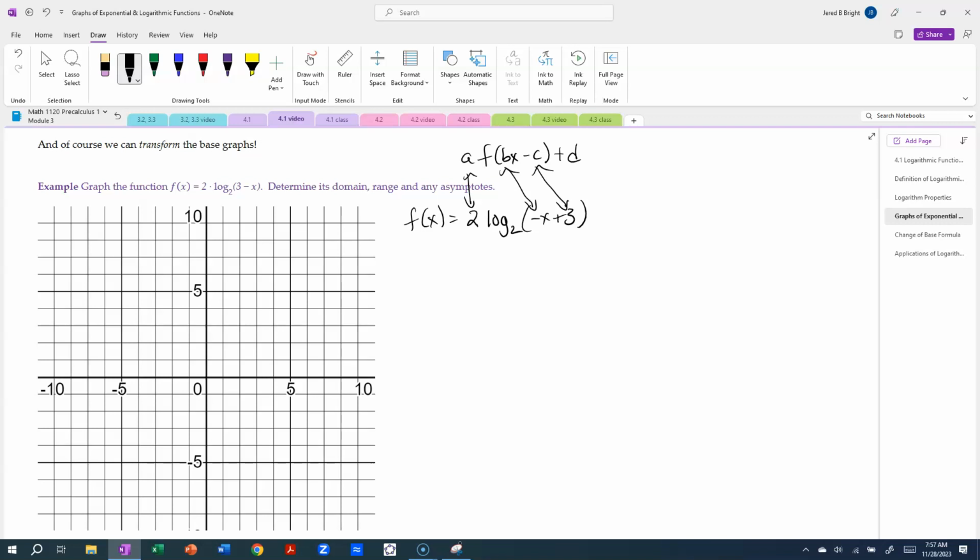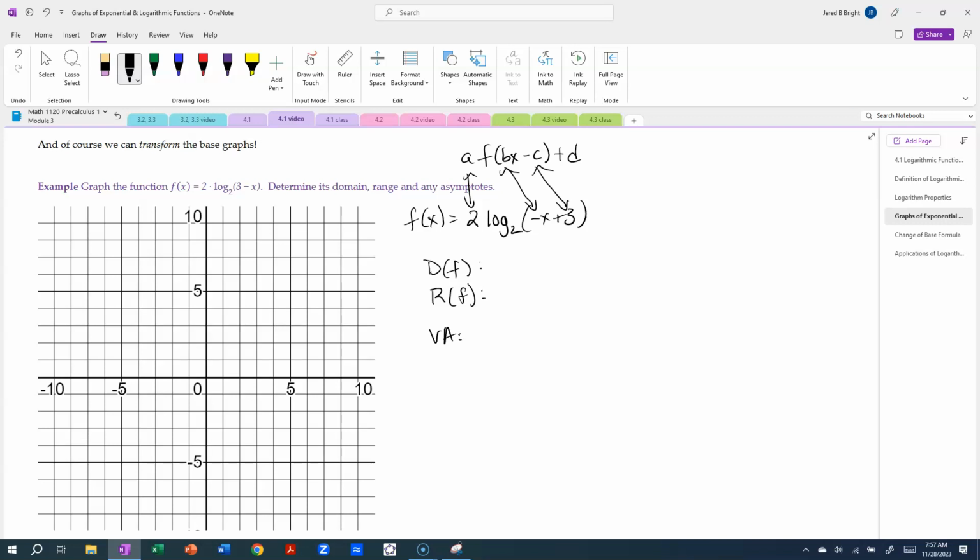Before I go that far, I want to talk about the domain of f, the range of f, and then the asymptotes. And here, I'm only going to have a vertical asymptote since I'm dealing with a logarithmic function.